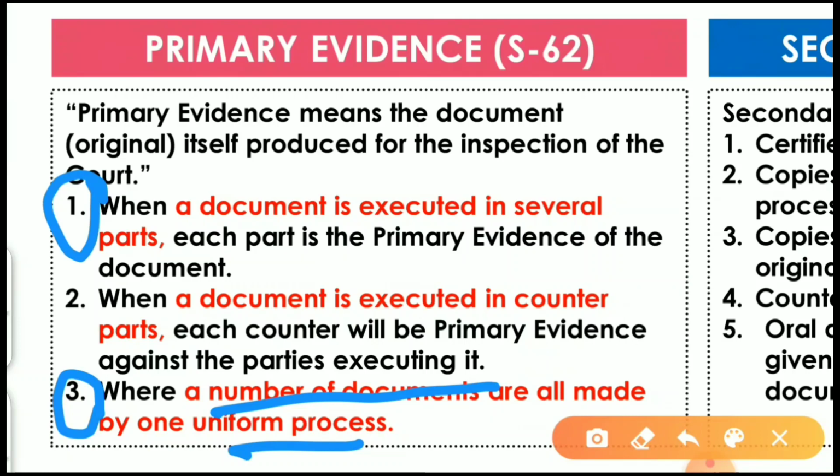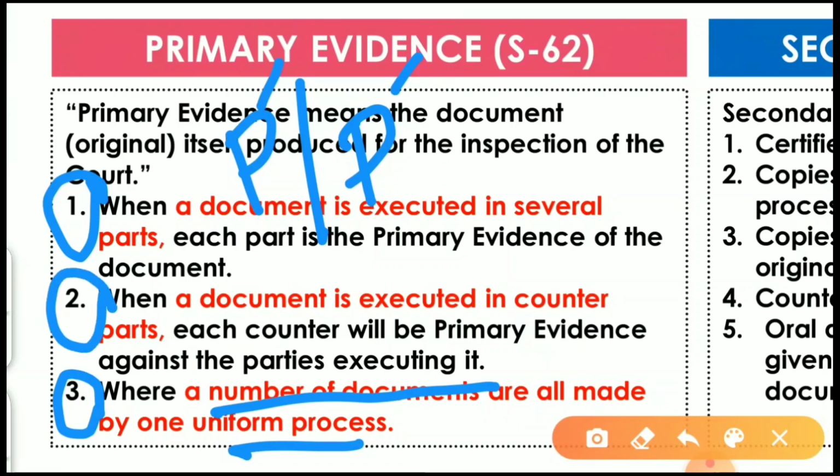According to the first form, all the partnership deeds and partition deeds, where the parties to that partnership deed and the parties to that partition deed may execute such deeds, and they keep a separate part belonging to them. Each part of such document is known as the primary evidence.